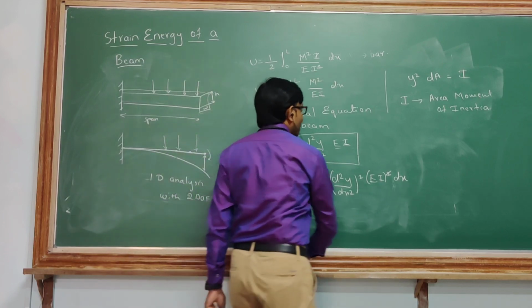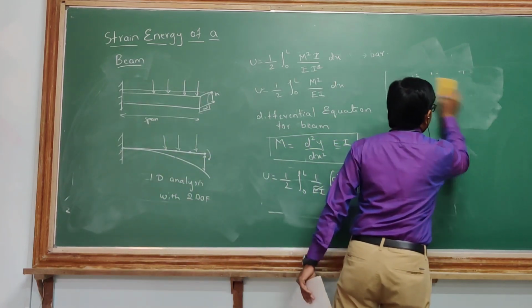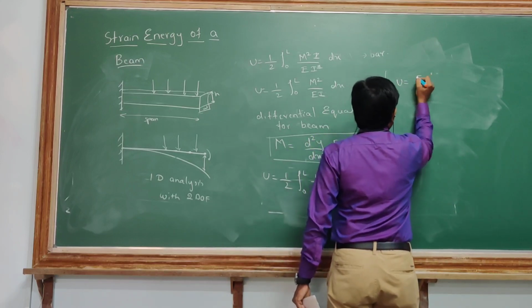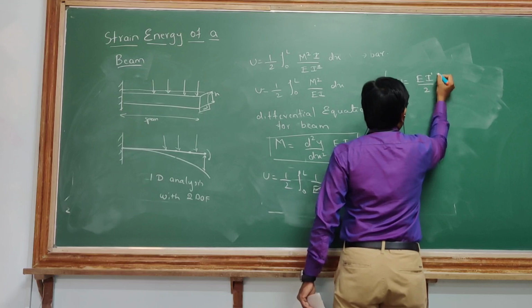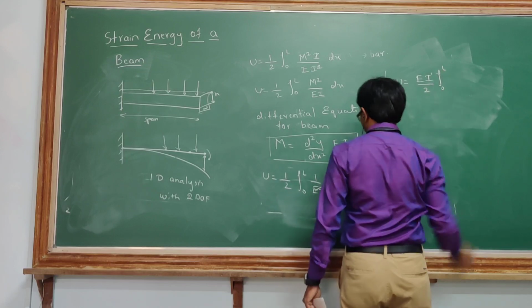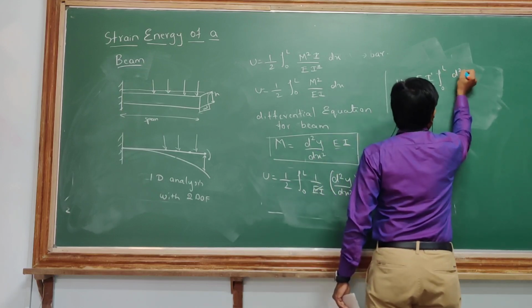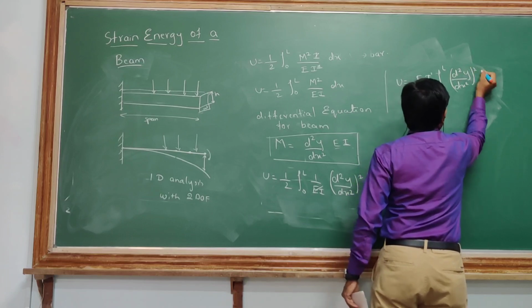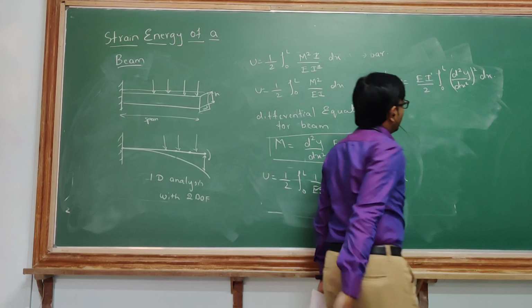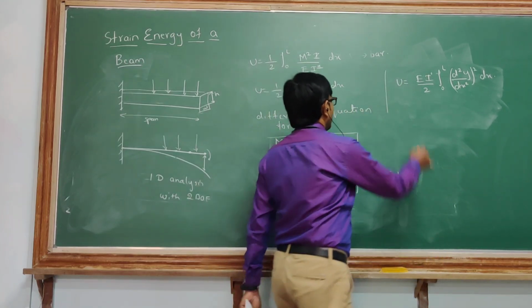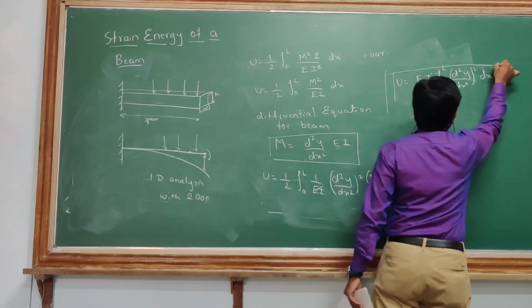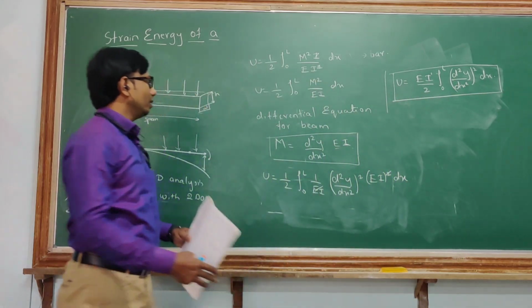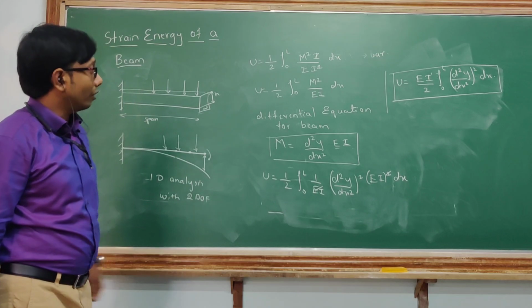What you will end up with is U is equal to EI by 2 integration 0 to L d square y by dx square the whole square into dx. Okay, this will be the strain energy equation for a beam.